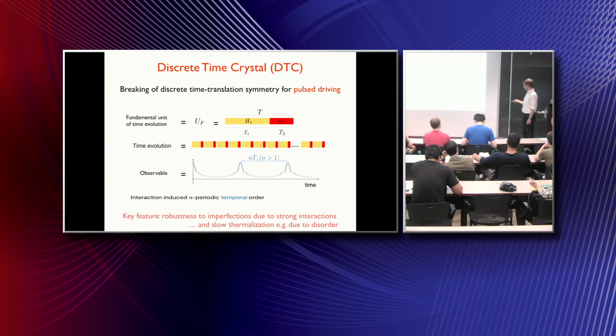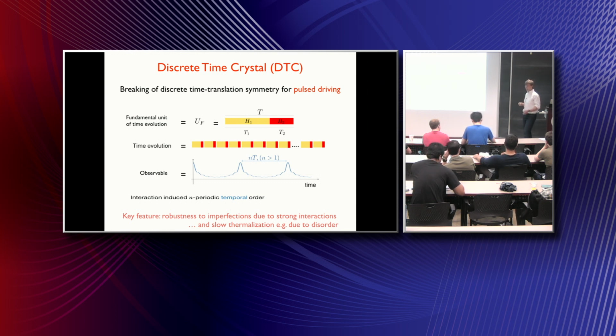And in addition, the strong interactions which are required to stabilize this response will not cause rapid thermalization. As was described yesterday by Marcos, generic many-body systems, once you turn on strong interactions, would generically thermalize very rapidly.